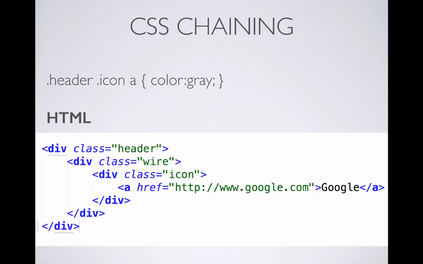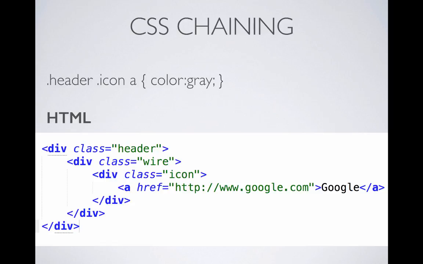CSS chaining. CSS chaining is a very simple concept, but it will be quite hard to explain. Basically, you can target more specific elements by using CSS chaining. Let's dive straight into the first example.